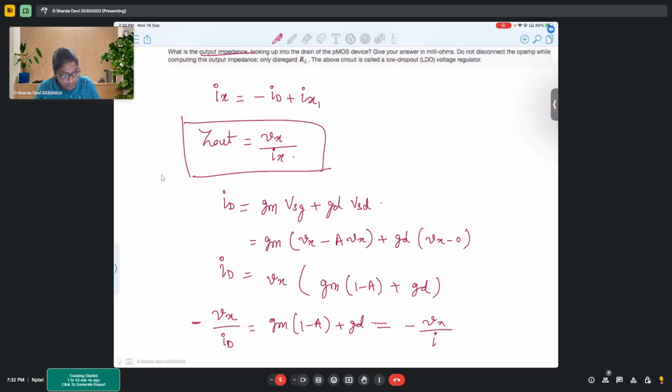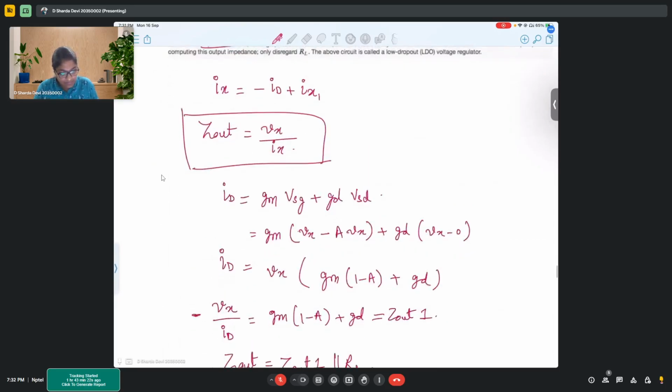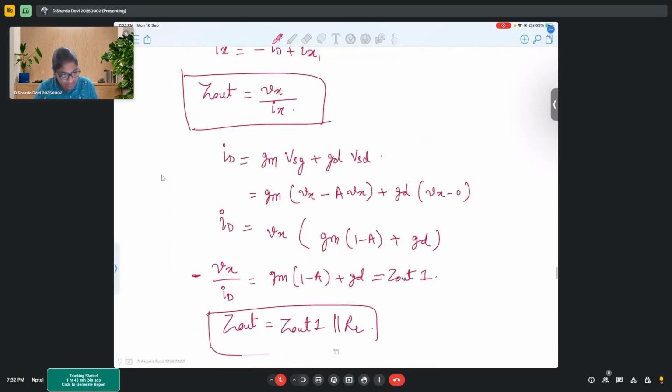So minus of Vx upon ID you can directly use for this. This is Z out 1. Z out is Z out 1 parallel to RL again. Is this clear? The approach?